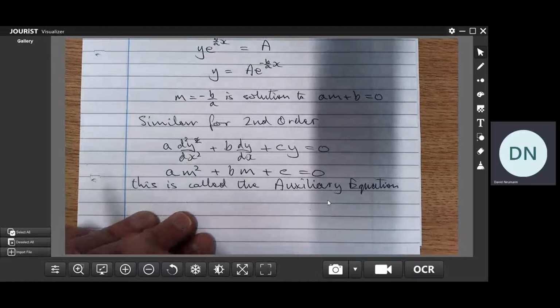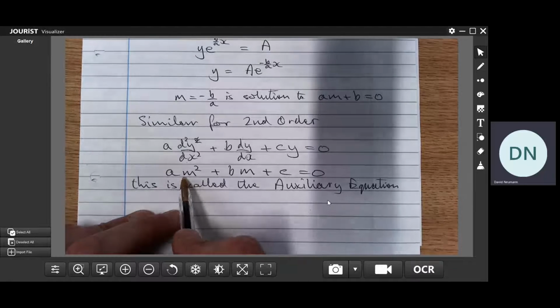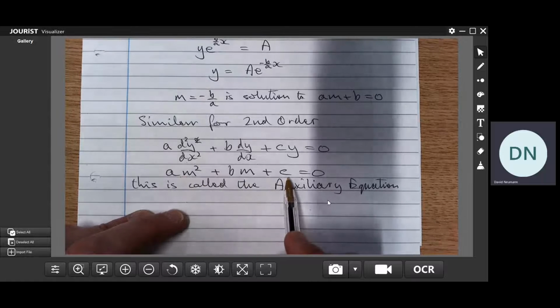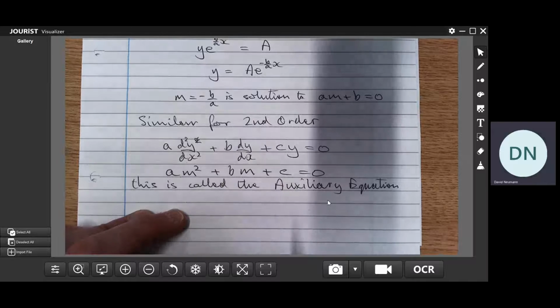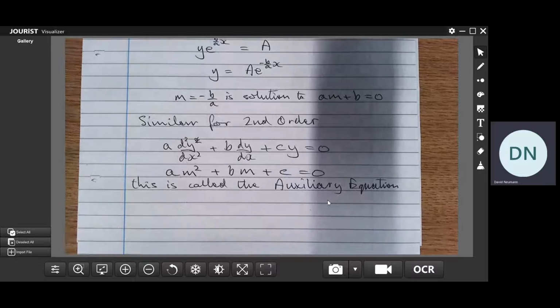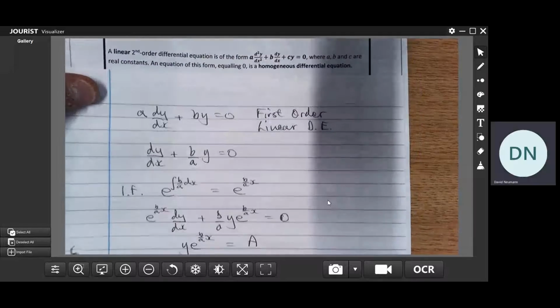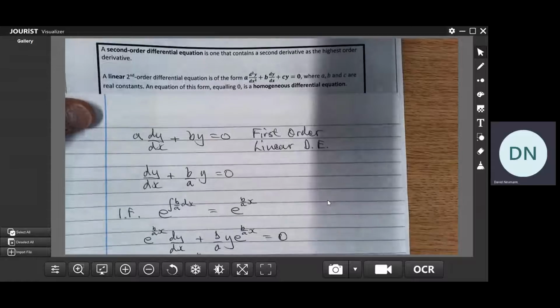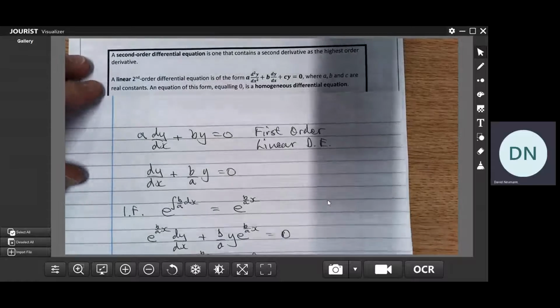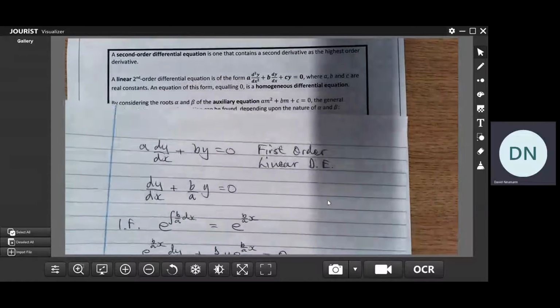It's a little bit more complicated because, of course, we know that a quadratic has either two distinct real roots, or it has one repeated real root, or it has two complex roots which are a conjugate pair. So let's just have a quick look at how we use the roots in those different scenarios.